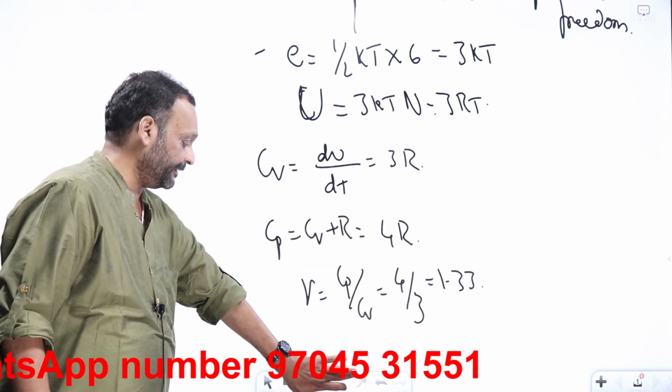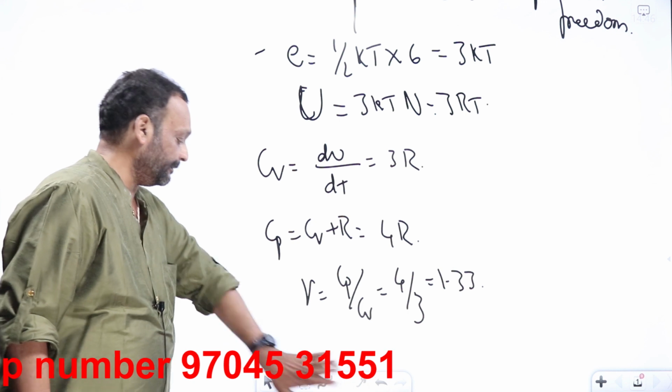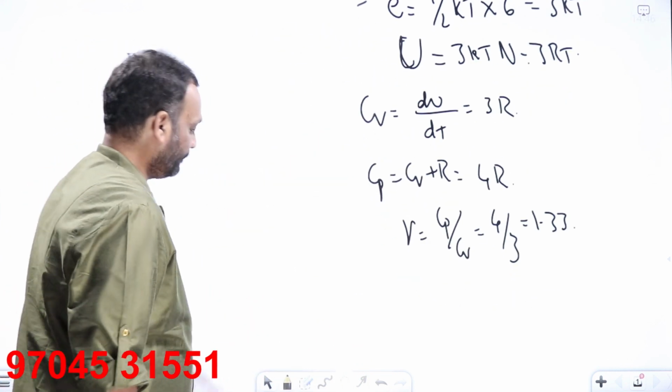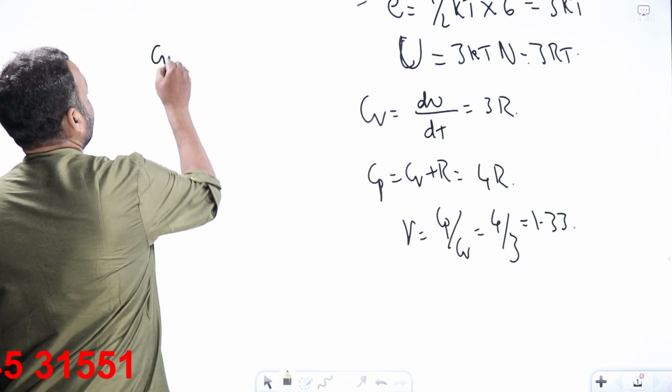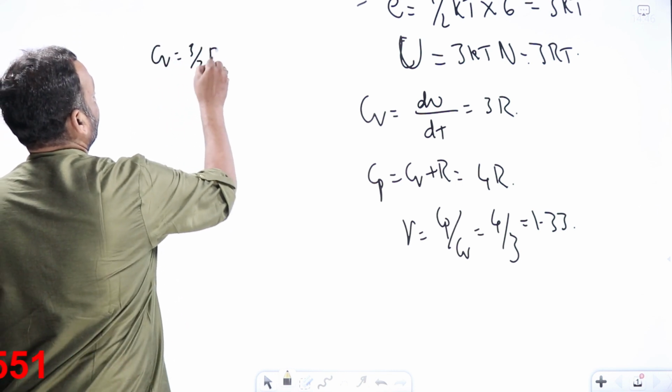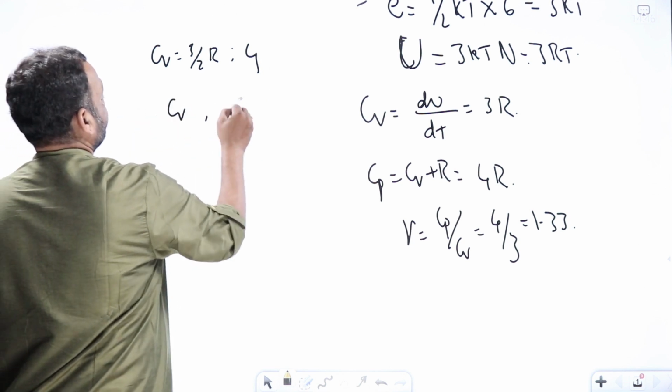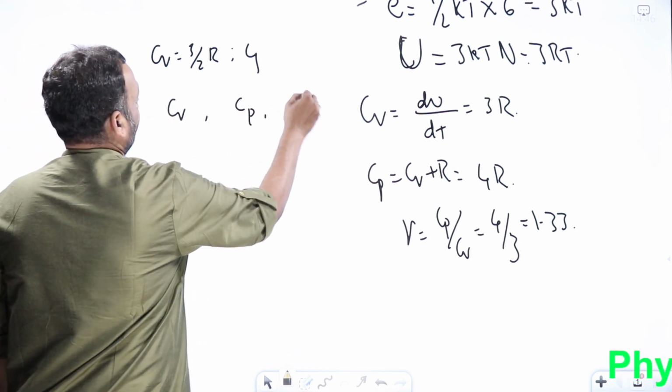Now here we are getting 2 cases. Let us sum them up. For monoatomic gases, I will write like this: Cv here, Cp here, gamma value here.